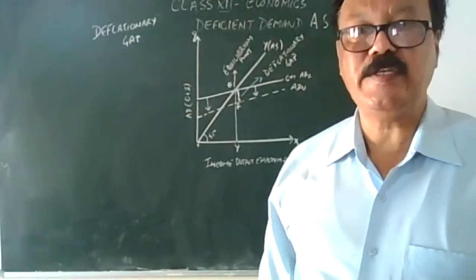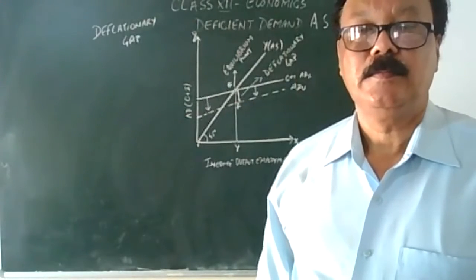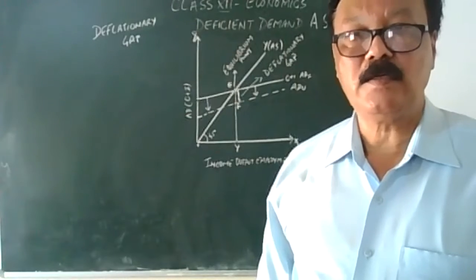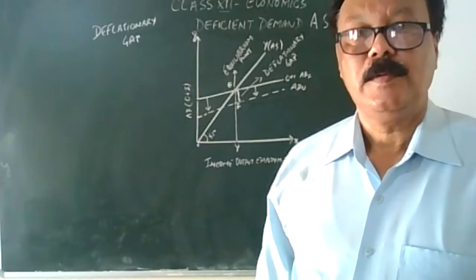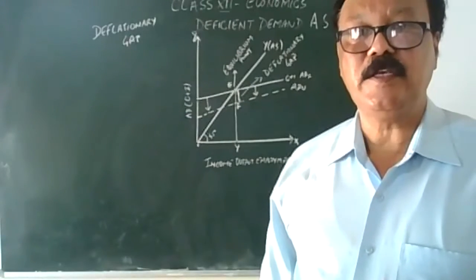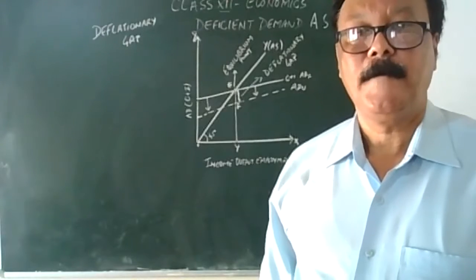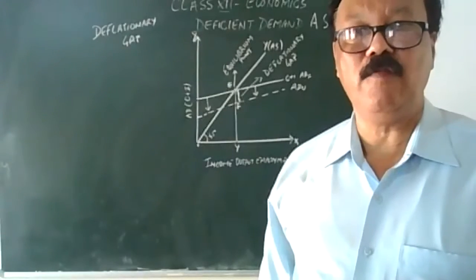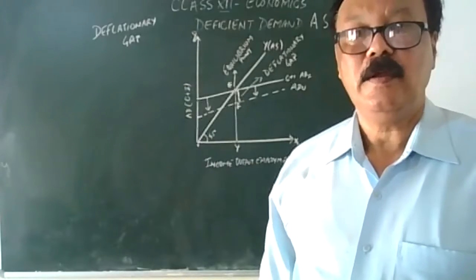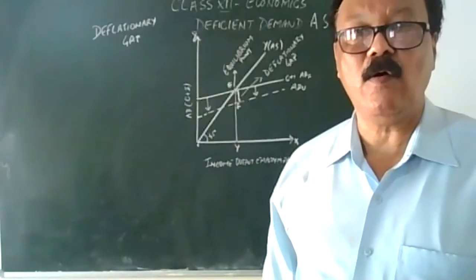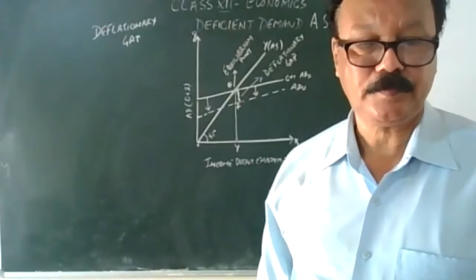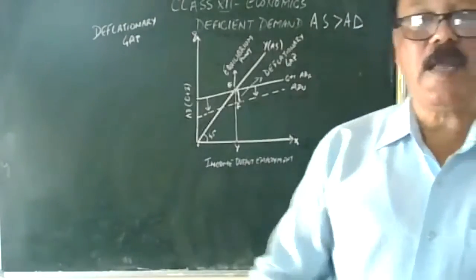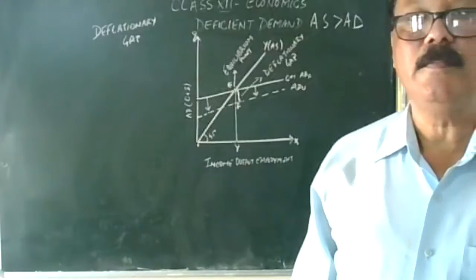You can expect a question of 6 marks or maybe 4 marks. Every year it comes as a 6 marks question. Either inflationary gap is asked of you or deflationary gap, or another term used is excess demand or deficit demand. If you have drawn the figure, kindly give me a thumbs up so I can go on.